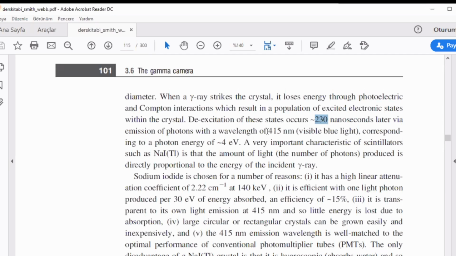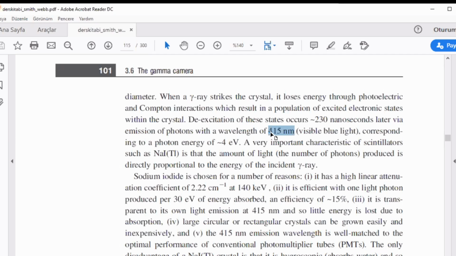The wavelength of this emission is around 450 nanometers, which is visible blue light, because the sodium iodide crystal atoms' valence electrons, when they return back, emit blue light, but many blue photons for one X-ray photon.